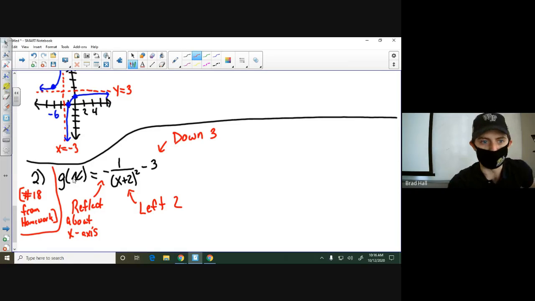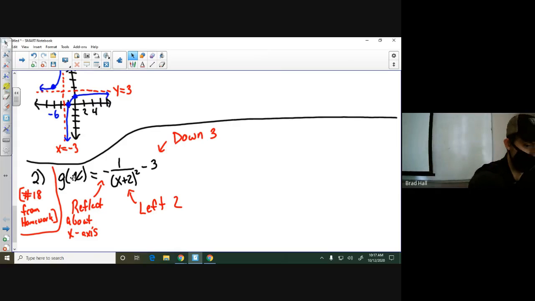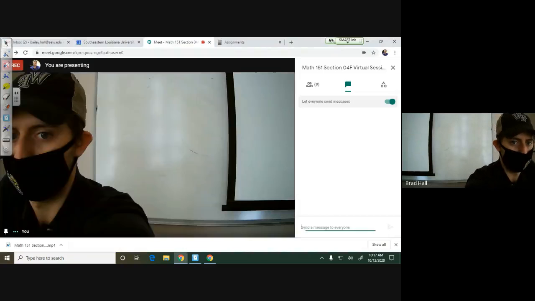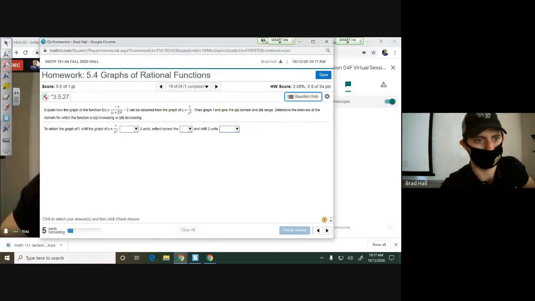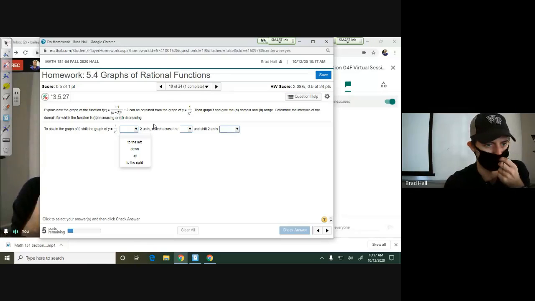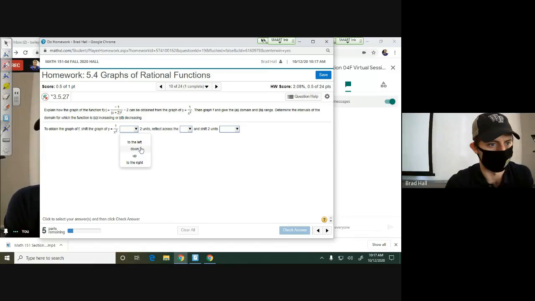So we have all of these things, and this is transforming. So you might be wondering, so what's the initial shape? Because this looks like a mess. What does the initial shape look like? And thankfully for us, in the way MyMathLab constructs everything, once we do figure out all the transformations, so let's see, down 2 units, reflect across, what did I say, the x-axis, and shift 2 units to the left.